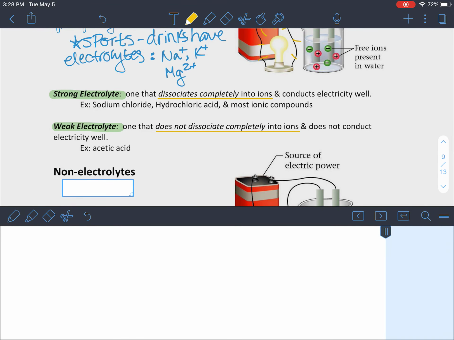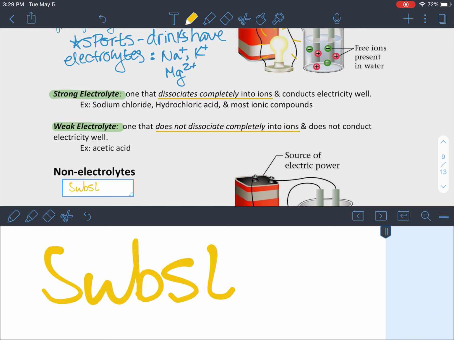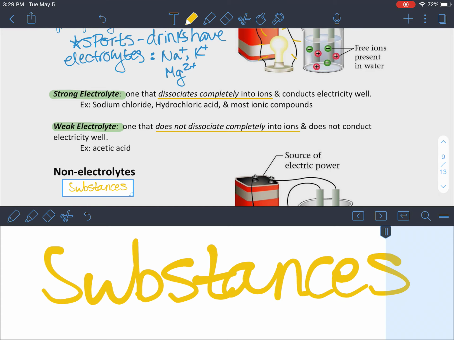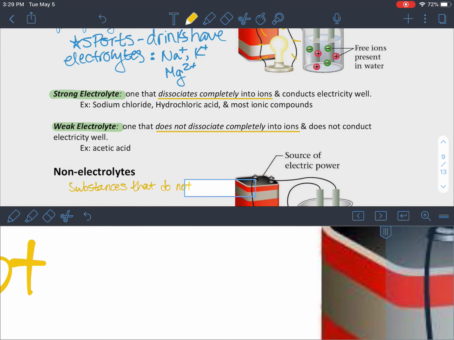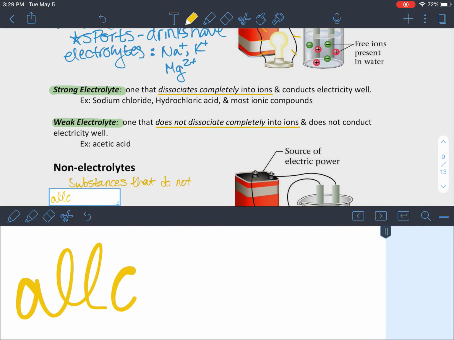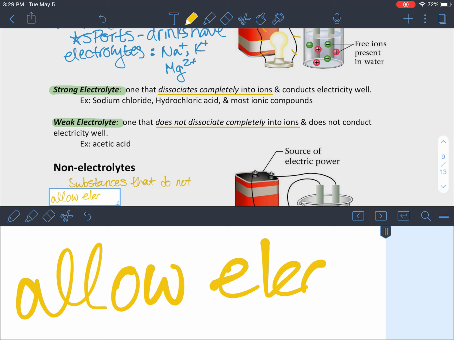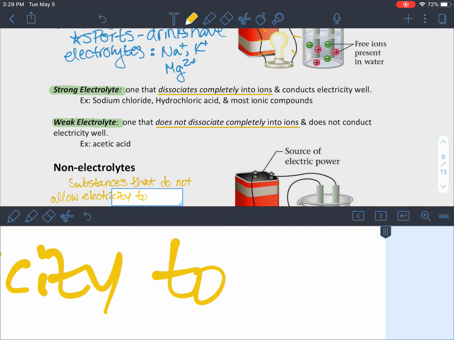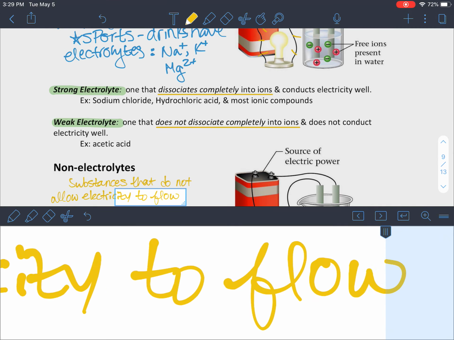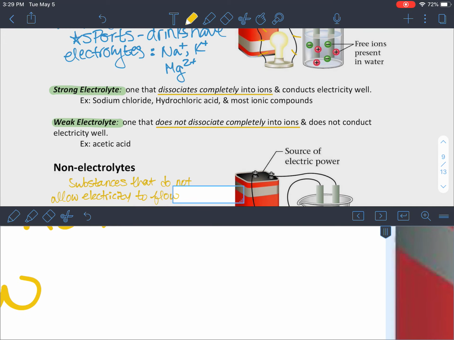Substances that do not allow electricity to flow when dissolved.